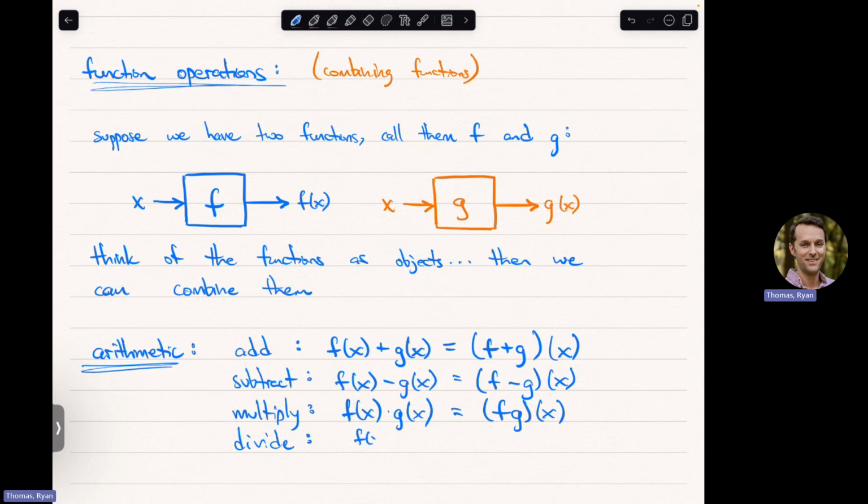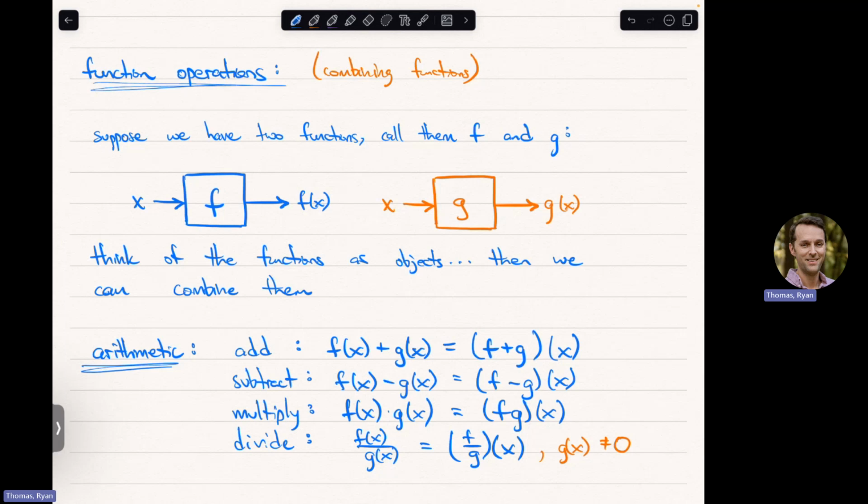And division, f of x divided by g of x is f over g, where here, to make things work, we do have to require that g of x isn't 0. If it was 0, we'd be dividing by 0, which is undefined. So we do have to make sure to avoid that.